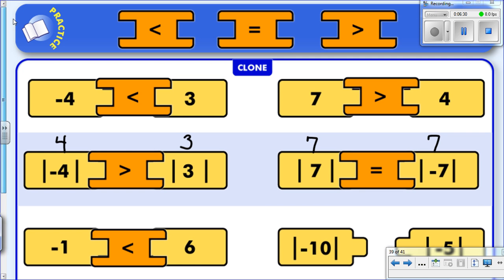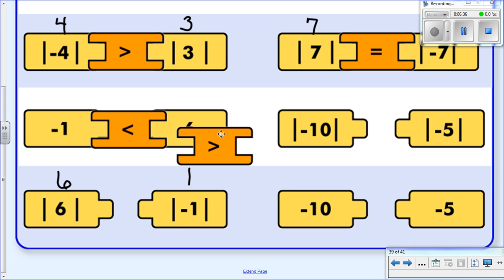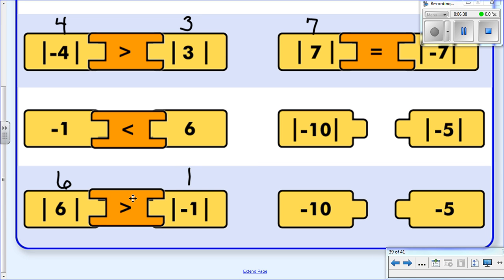So 6 is greater than 1. Now, while the inequality symbol is still facing the same number, or if it was an alligator, it'd still be eating the same number, which won't always be the case, as in up here. See, it changed once we took the absolute value, but here it did not. And that's because 6 is still bigger than 1 regardless.